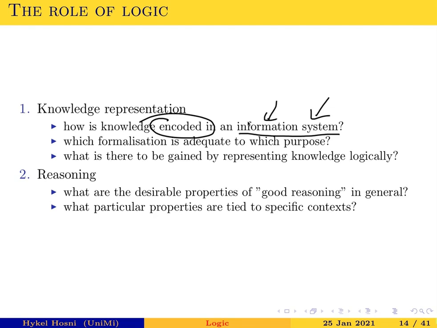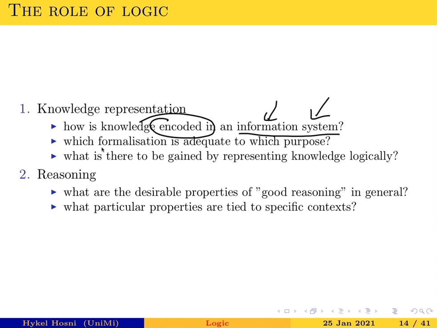I want you to really start on the right foot here: formalizations are almost never unique. So you have to make choices. When you formalize, you have to make choices, and it's good practice that you know how to actually make those choices.